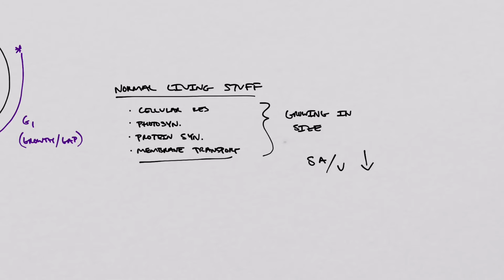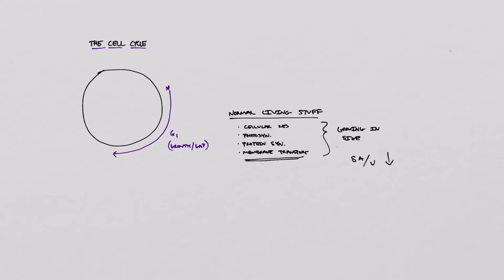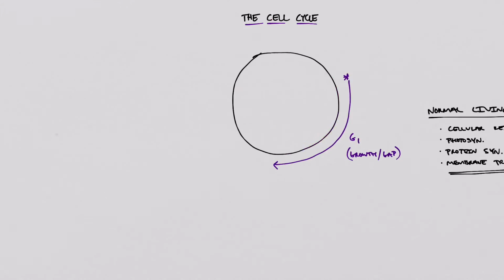So, membrane transport, the process of bringing things into the cell, is impeded because, again, we don't have the surface area. So, keep that in the back of your mind, that as the cell is growing, the surface area to volume ratio is going down, and that's not so bueno.